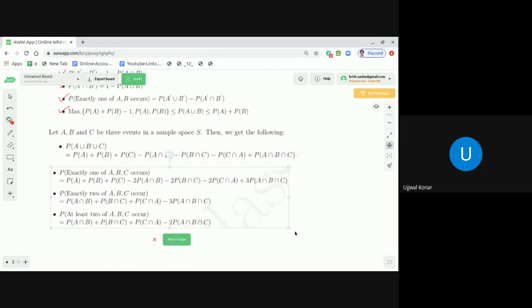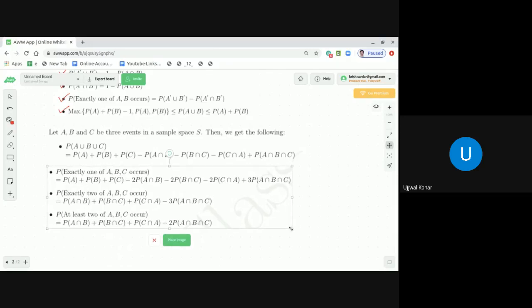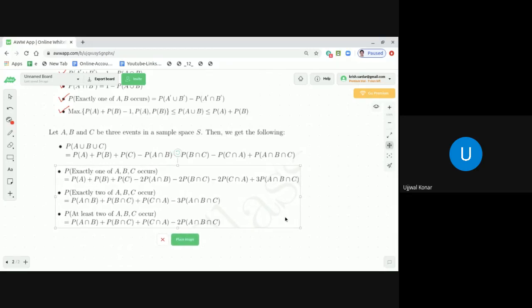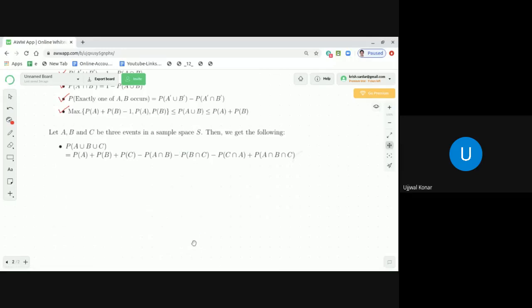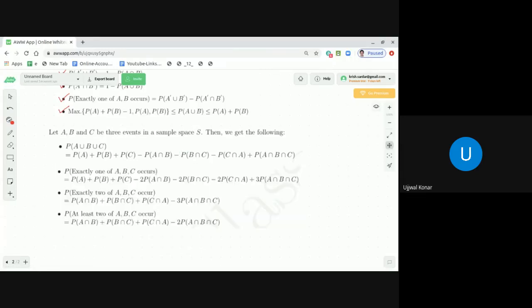The second one is the probability of exactly one of A, B, C occurs. That is equal to probability of A plus probability of B plus probability of C minus 2 times probability of A intersection B minus 2 times probability of B intersection C minus 2 times probability of C intersection A plus 3 times probability of A intersection B intersection C.